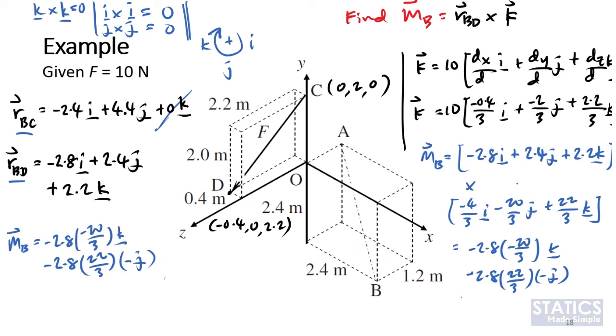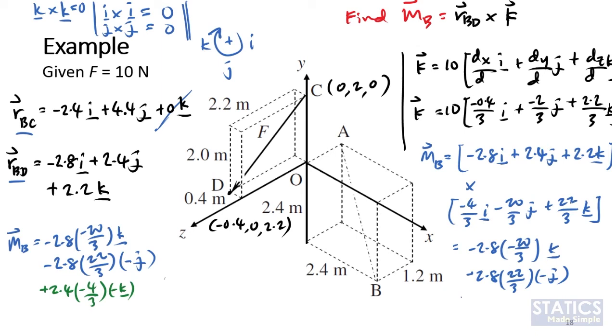Let's take a look at the j term. So we have plus 0.4j, sorry, 0.4. j must be multiplied with i and k. 0.4 times minus 4 over 3. ji will give you minus k, right?